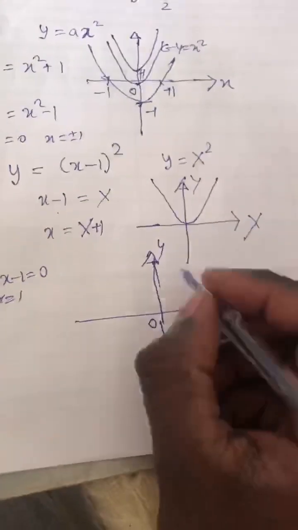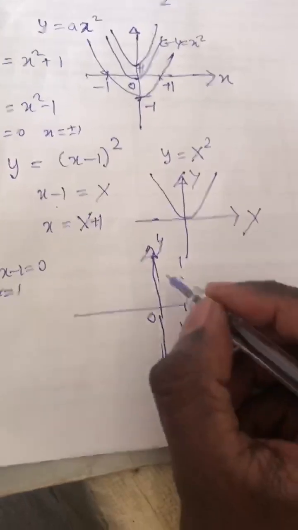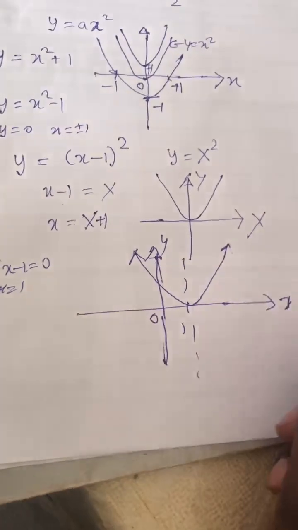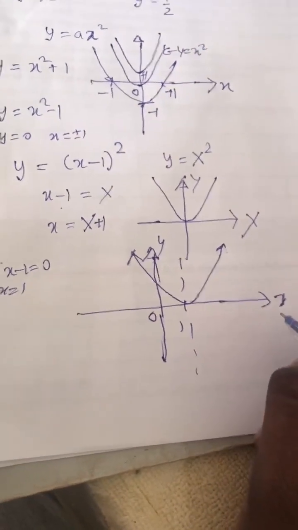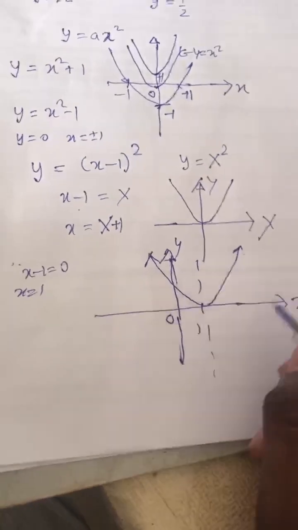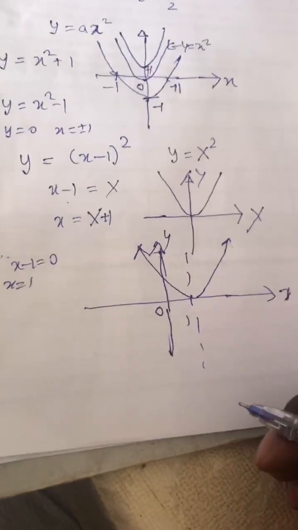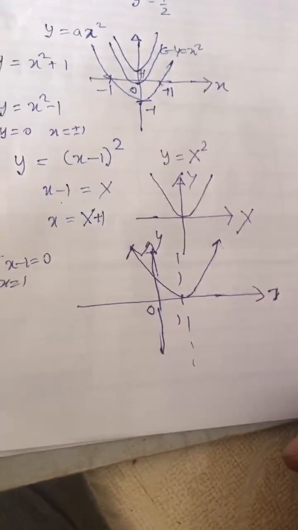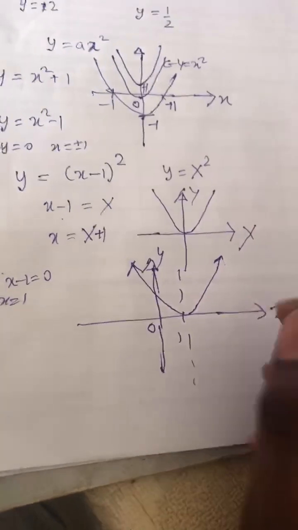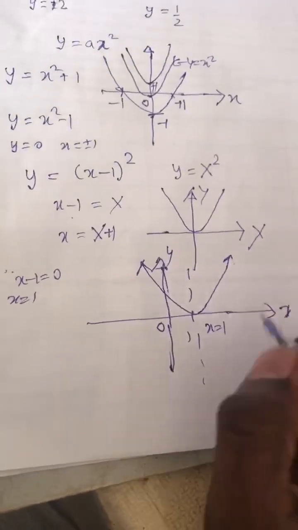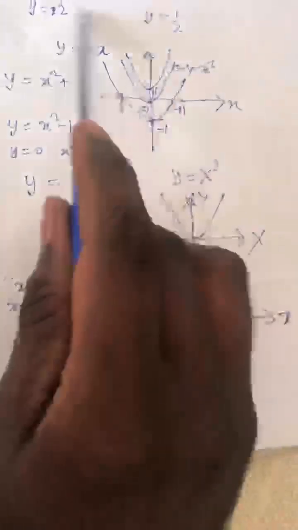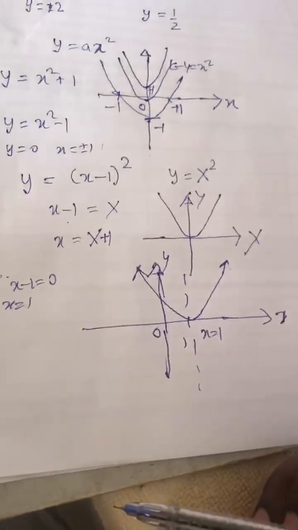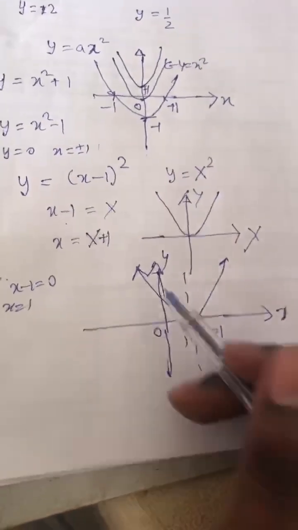So here is 1. This is the equation of symmetry. The graph is shifted one block forward towards the positive values of x, right? So x equals 1 is the equation of symmetry. Those are x equals 0, the equations of symmetry.